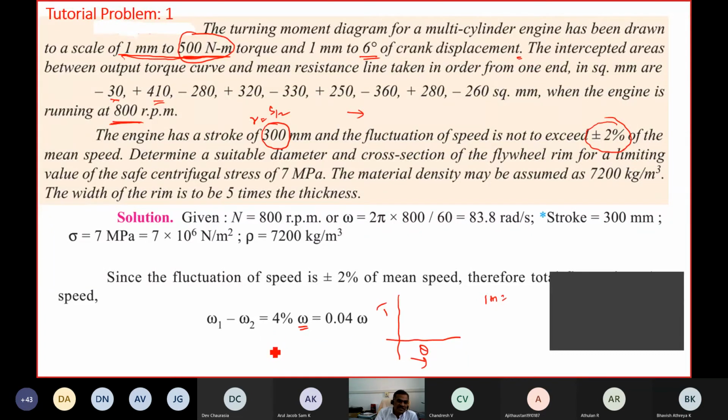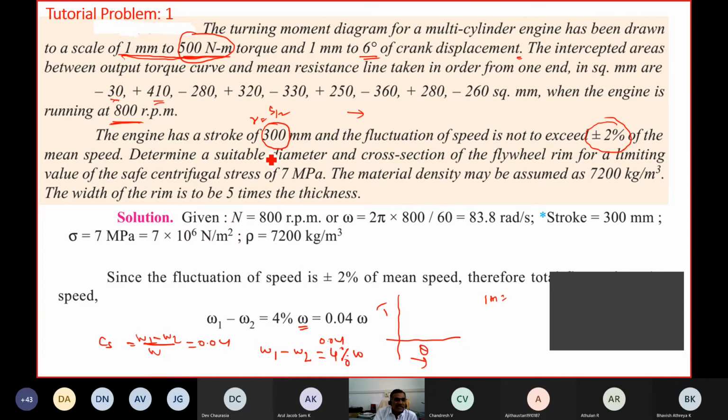The difference between maximum and minimum speed is 4% of omega, which is 0.04. So omega 1 minus omega 2 by omega is equal to 0.04. That is equal to CS, the coefficient of fluctuation of speed.